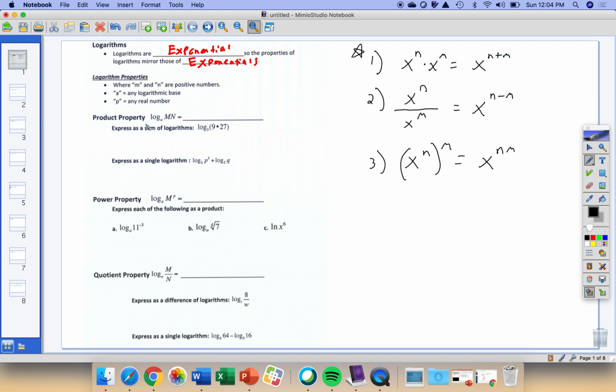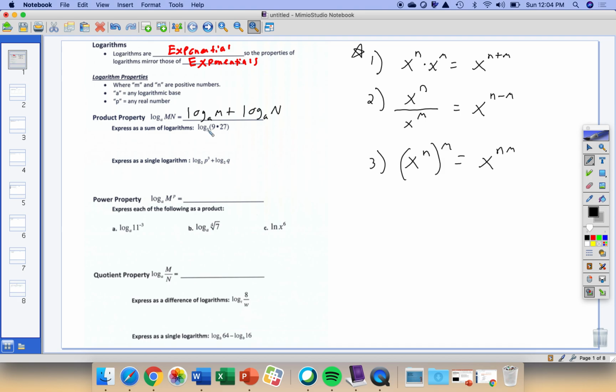Very similar idea here. If I'm multiplying two things inside of my log, I can take those two things and add them together. So this can be expanded to log base A of M plus log base A of N.